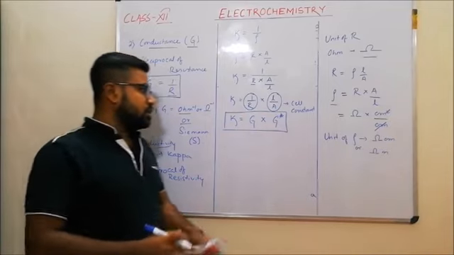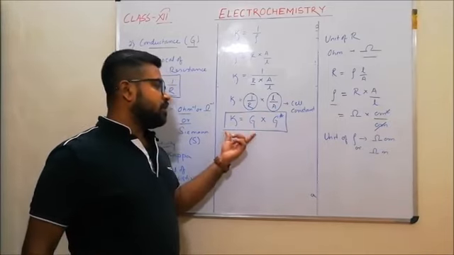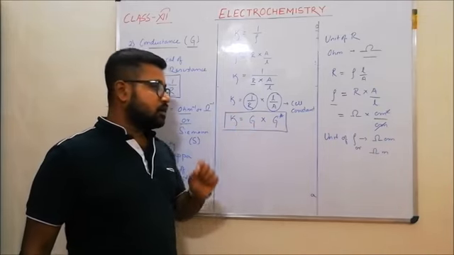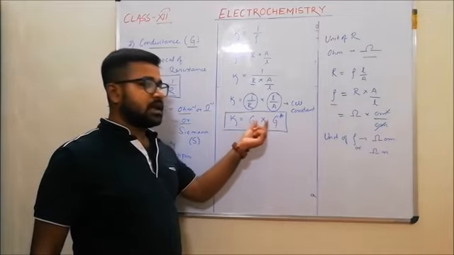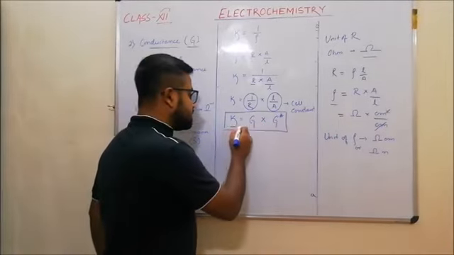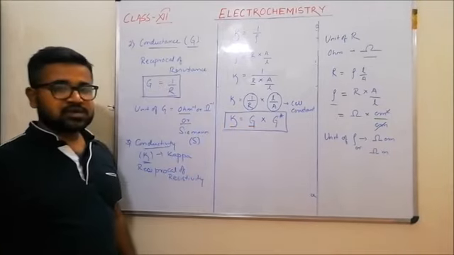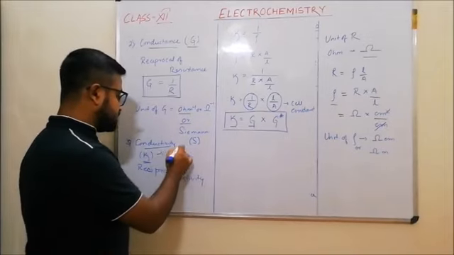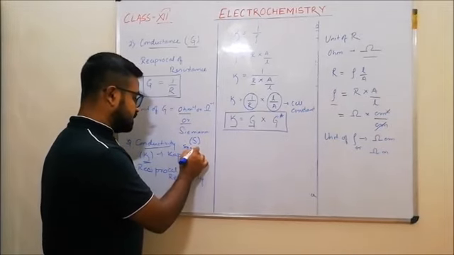Clear? So in this way we can say that kappa is the product of conductance and the cell constant. Kappa, this conductivity, is also known as specific conductance.